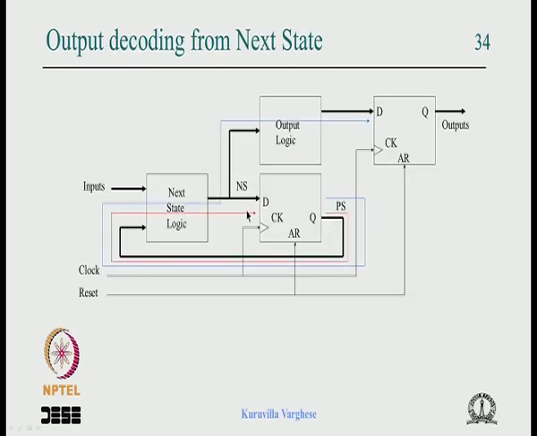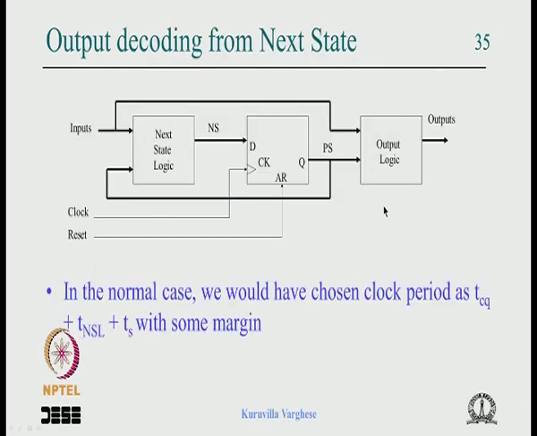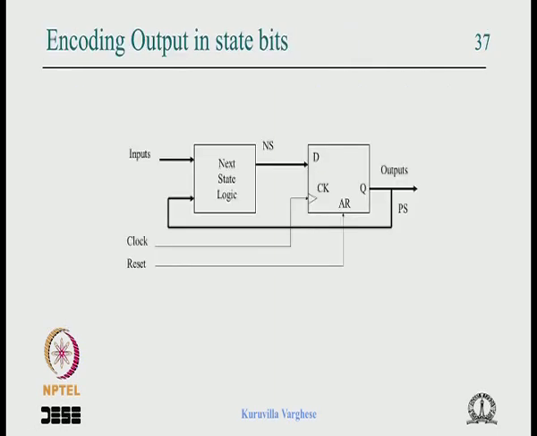But it may happen that these two put together become equal to the earlier one. Then we have an advantage, because the clock cycle is not affected and the output delay is reduced. That is the advantage of this scheme.